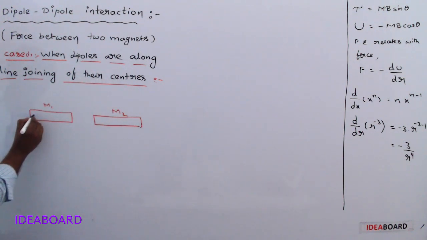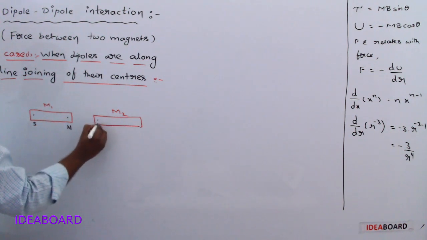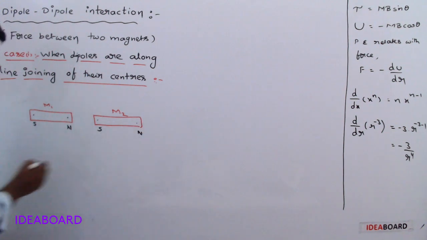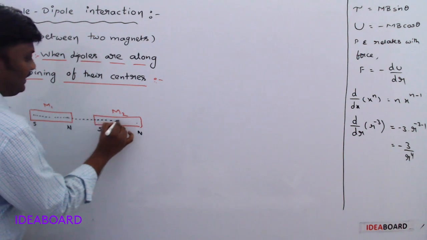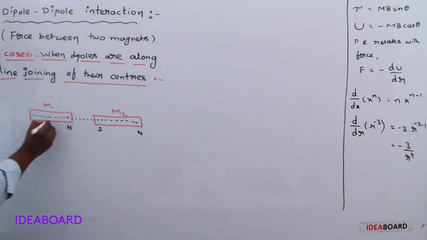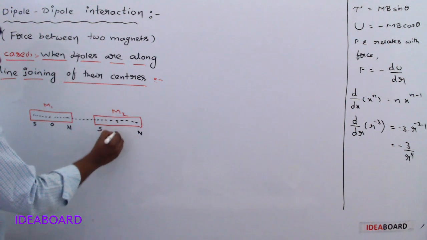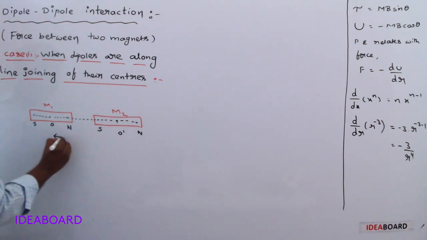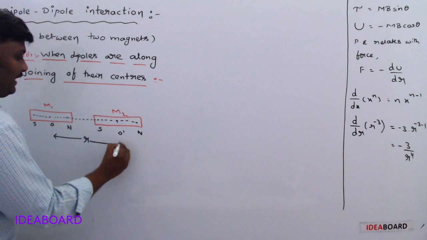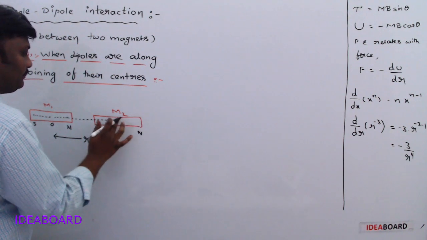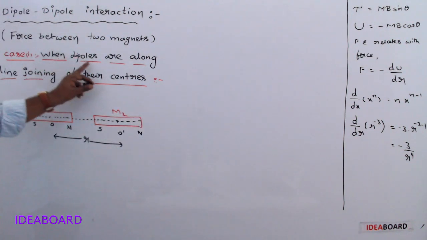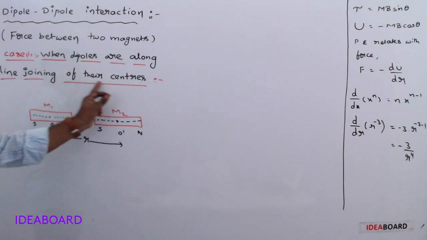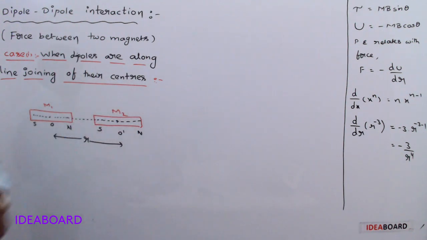So let us take this as the south pole and this the north pole, and here also I place a south pole and a north pole. Their centers are along the line joining, the center O and the center O dash. The distance between the two centers is taken as r here. So the dipoles are placed like this.